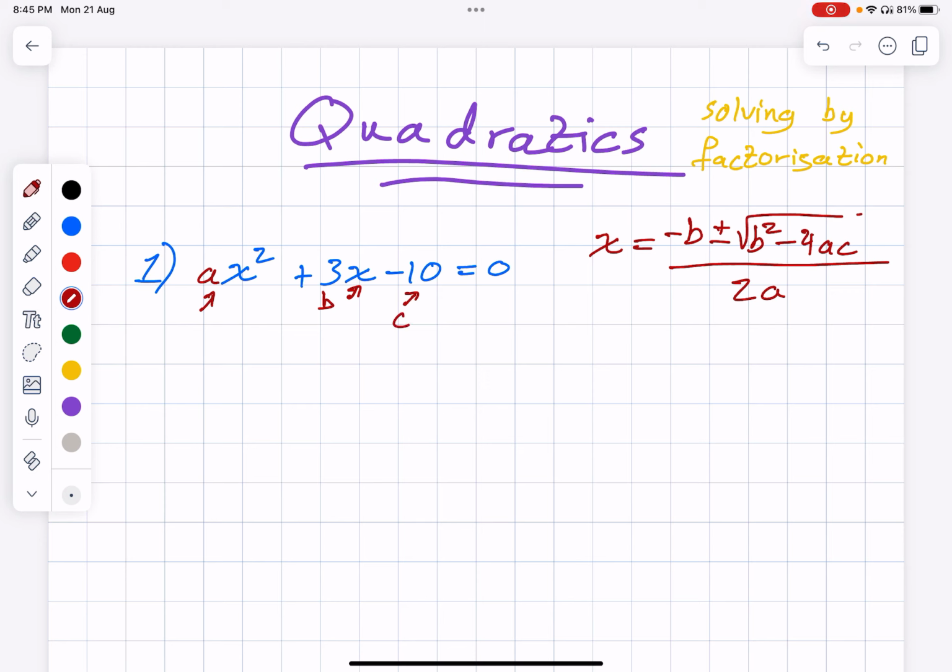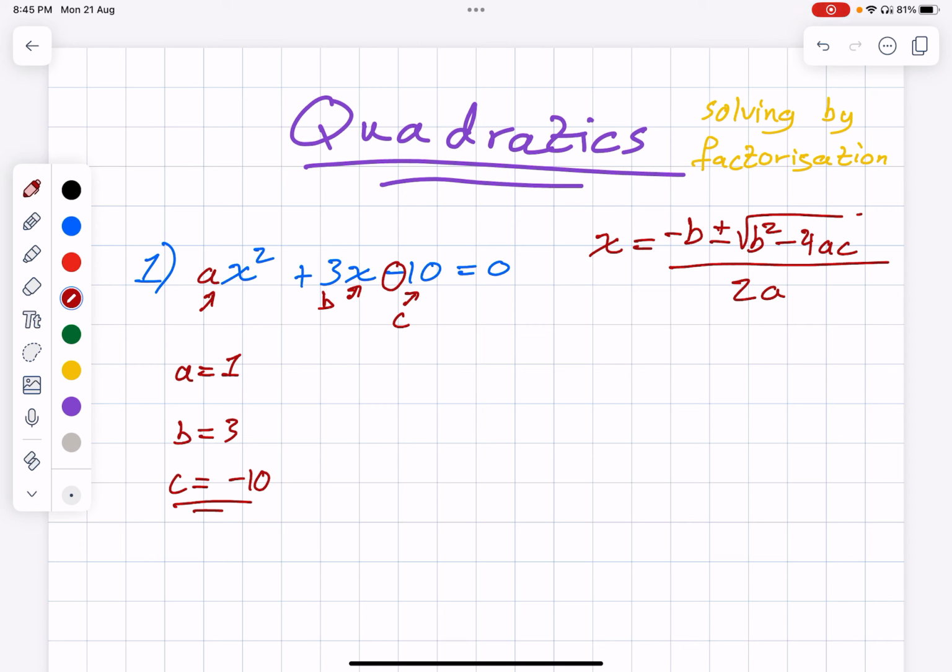So in this scenario, a is equal to 1, because 1 times x squared is x squared, b is equal to 3, and c is equal to negative 10. You have to add the negative symbol when you assign the number to its position in the equation.